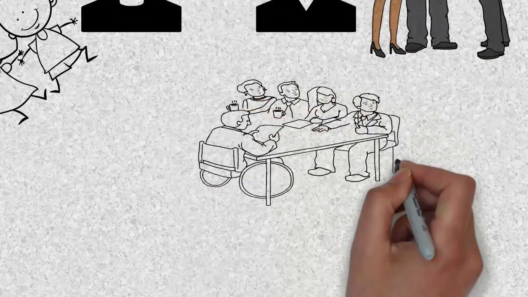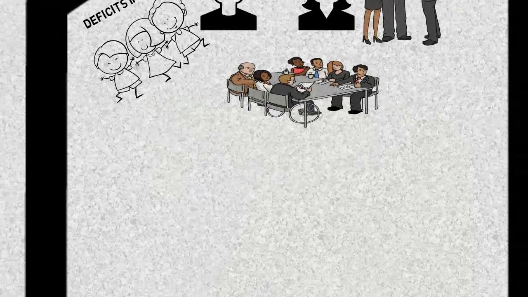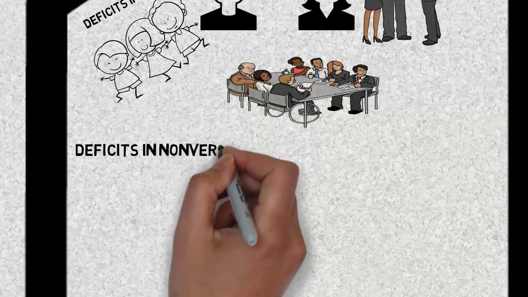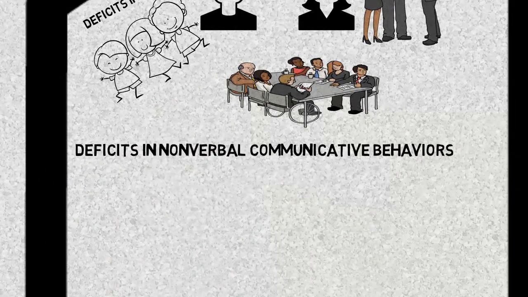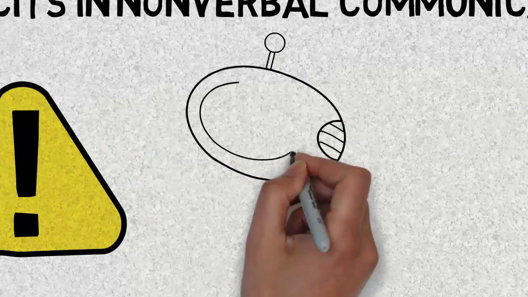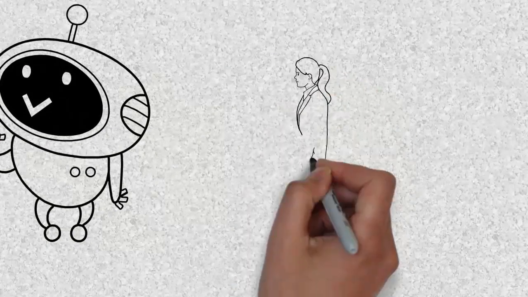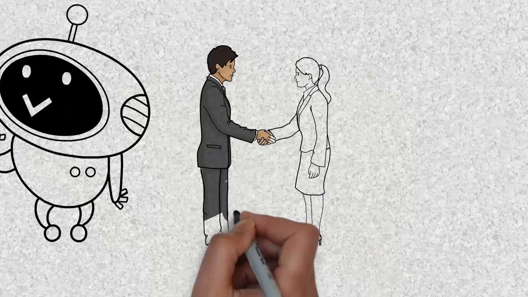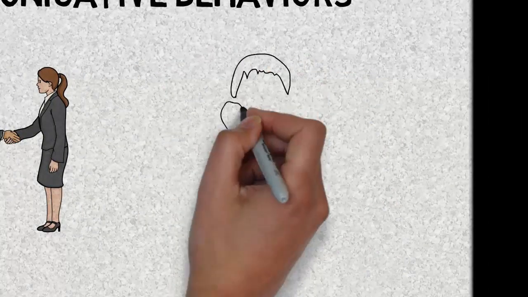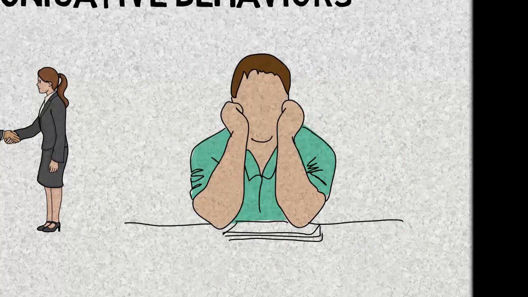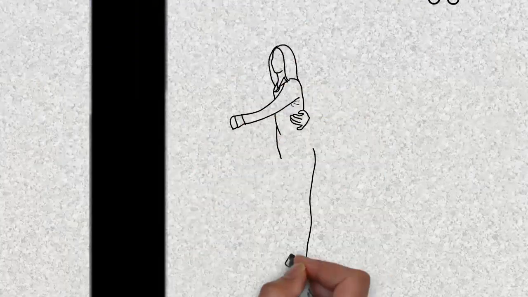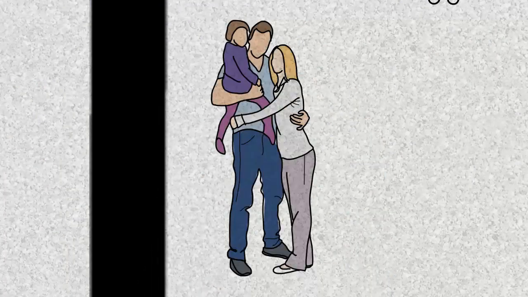They fail to respond to different types of social interactions. There are deficits in verbal and non-verbal communicative behaviors, ranging from poorly integrated verbal and non-verbal communication to abnormalities in eye contact and body language, or deficits in understanding and use of gestures, or a total lack of facial expressions. Deficits in developing relationships with others.